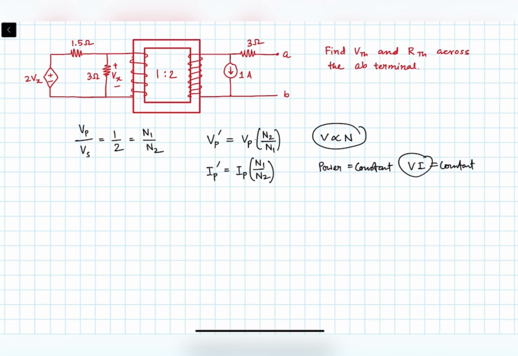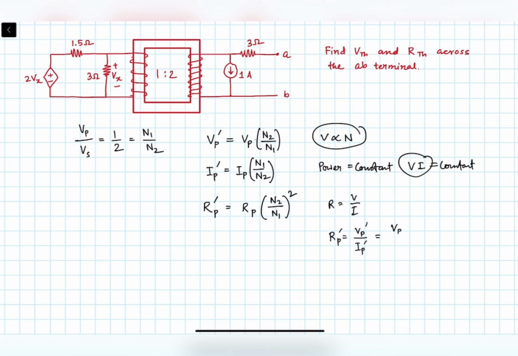Alright, and to transfer any resistance, in that case the resistance Rp dash will become Rp times N2 upon N1 square. You can also get this from V upon I. So basically R is equal to V upon I, right? So Rp dash is equal to Vp dash by Ip dash.